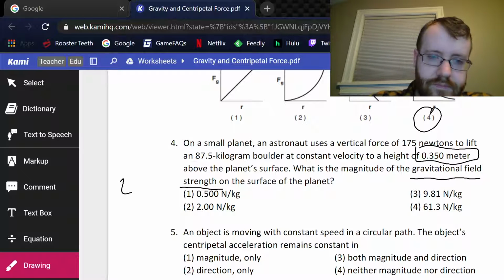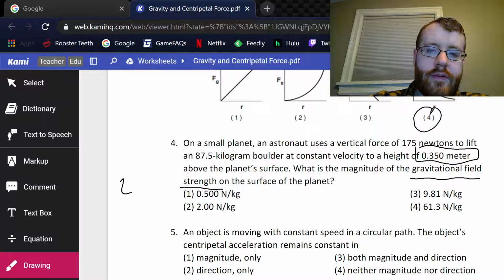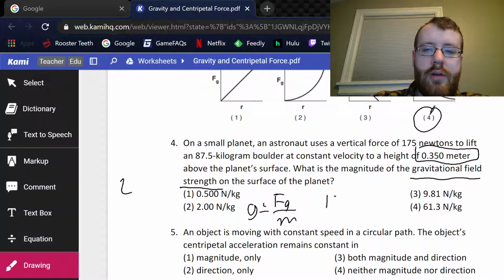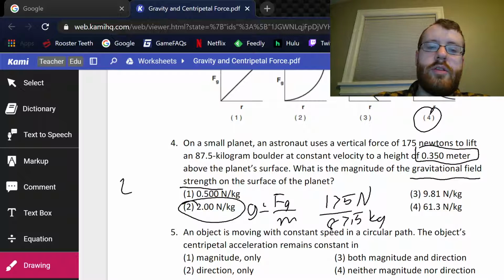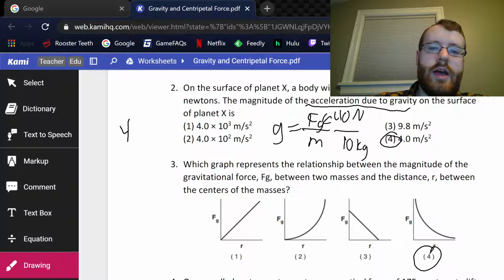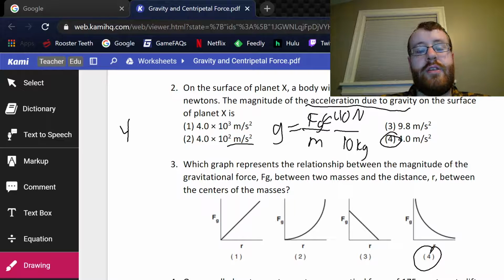Anyways, we have, again, our formula, g is equal to Fg over m. Again, we put the newtons on top, the kilograms on bottom, and we get our answer of 2 newtons per kilogram. So newtons per kilogram and meters per second squared are both the same unit, just written in two different ways.